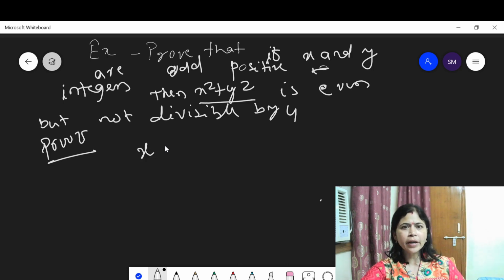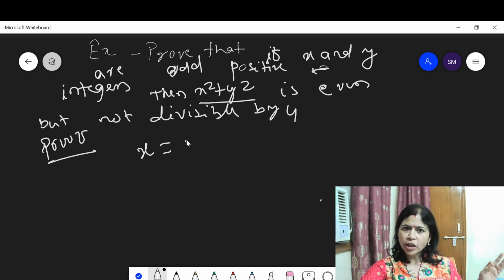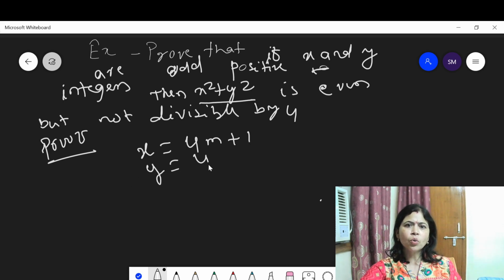Then x and y can be represented in the form of 4q plus 1. Then let x be equal to 4m plus 1 and y be equal to 4n plus 1. Then x square plus y square.